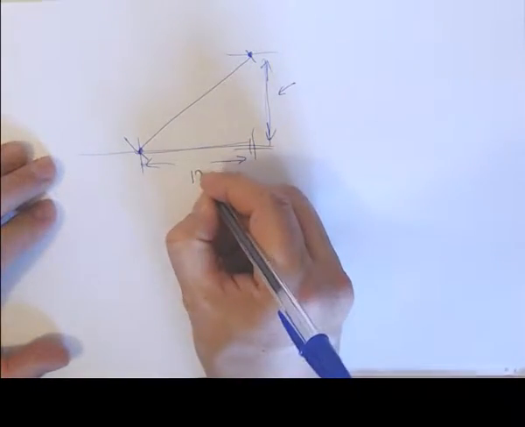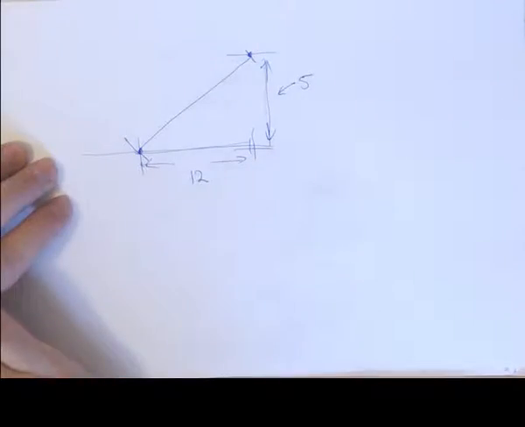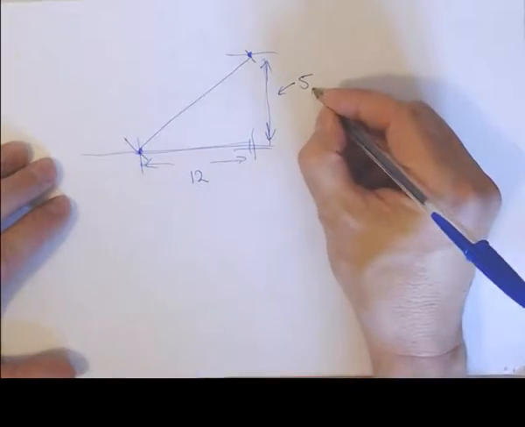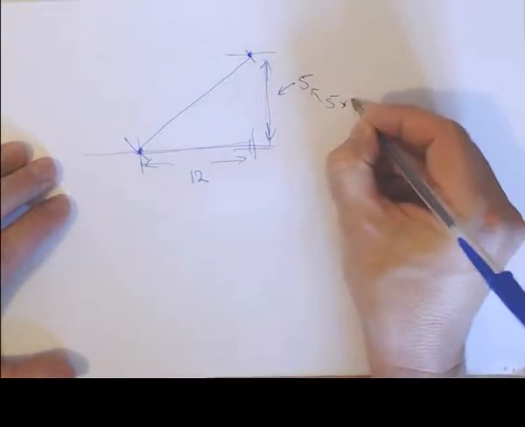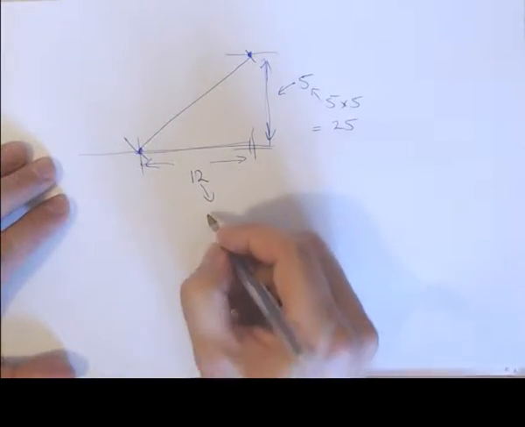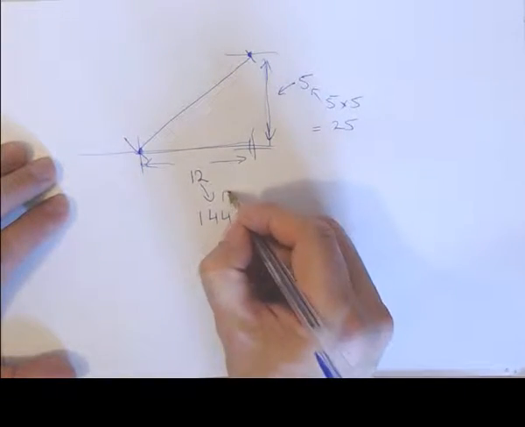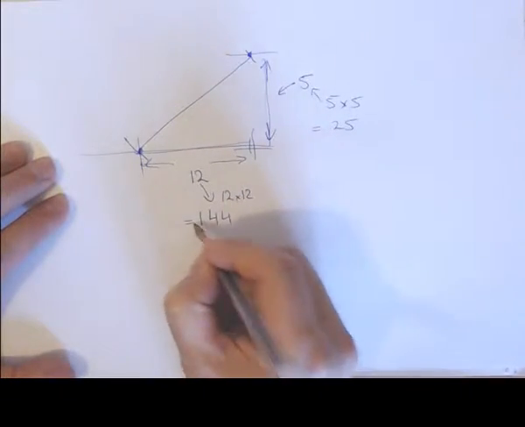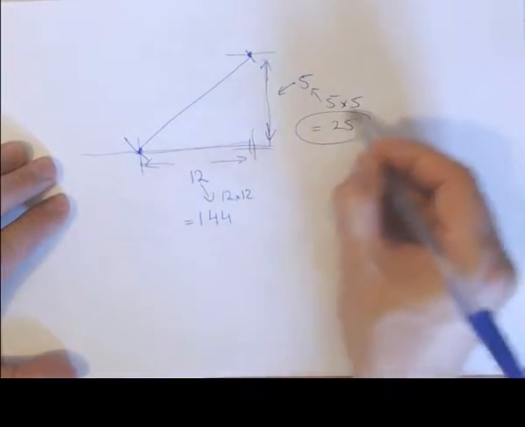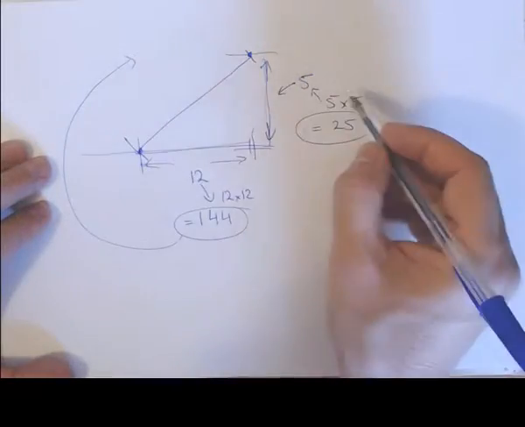Imagine this distance here was 12 and this distance here was 5. Our theorem tells us we multiply this number by itself, which gives us 25. We multiply this number by itself, which gives us 144. We take these two numbers and add them together.